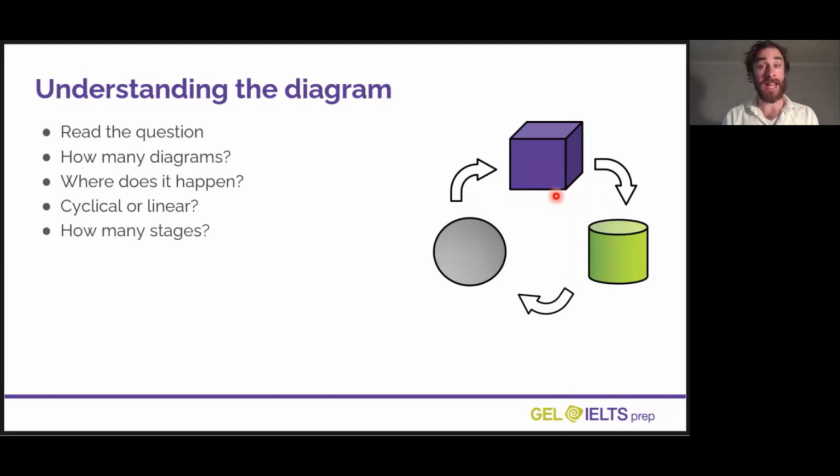We need to identify how many stages are in the diagram. So we're only looking for the main stages of the process. Again, look at the diagram on your screen and decide how many stages are there in this diagram. Is it 2, 3, or 6?